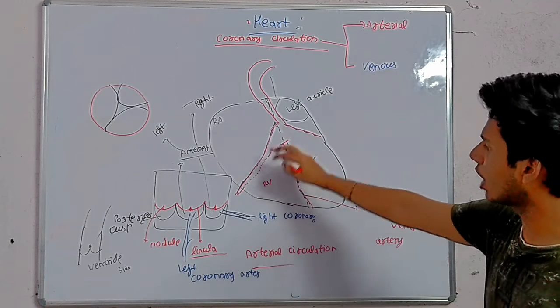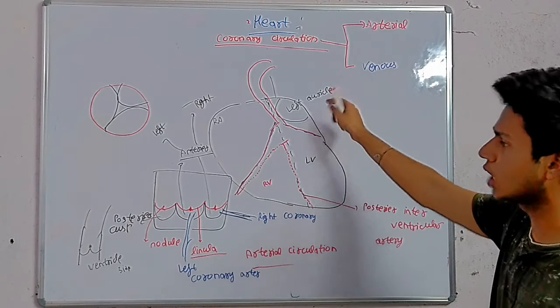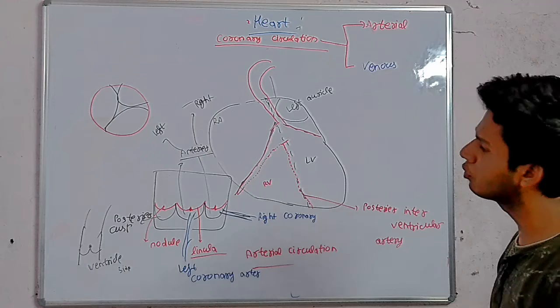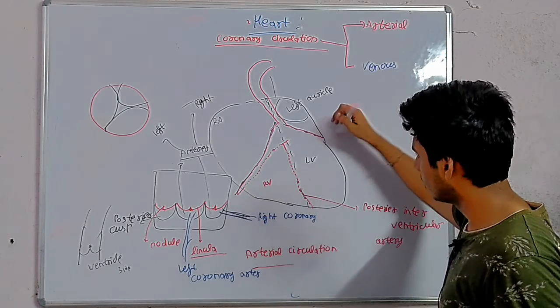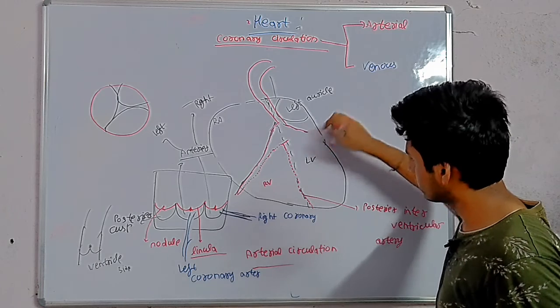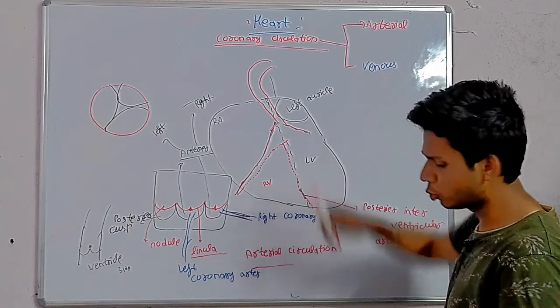This is the right coronary artery, this is the left coronary artery. Both emerge from the anterior right and left cusps. It continues and divides into two arteries.